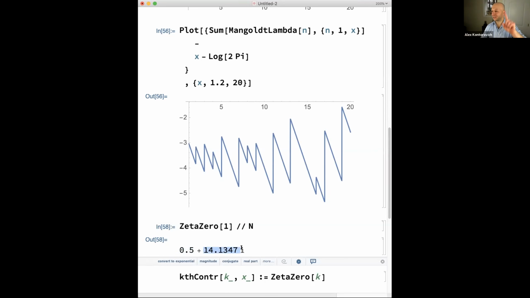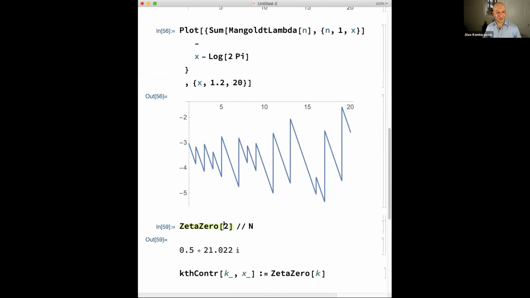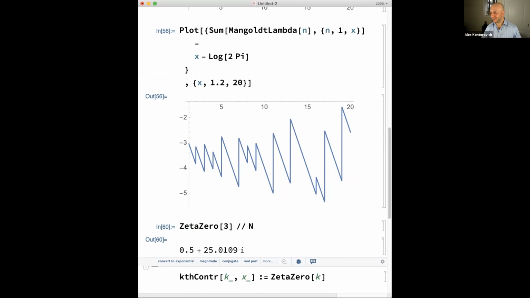Okay, so it's at 1/2 plus i times 14. And the next one is at 1/2 plus 21i. And the next one is at 1/2 plus 25i, and so on. Does that kind of make sense? So these are the zeros of the zeta function inside the critical strip. And of course, they're all on the critical line as far as we can tell. Otherwise, the Riemann hypothesis wouldn't be much of a hypothesis.